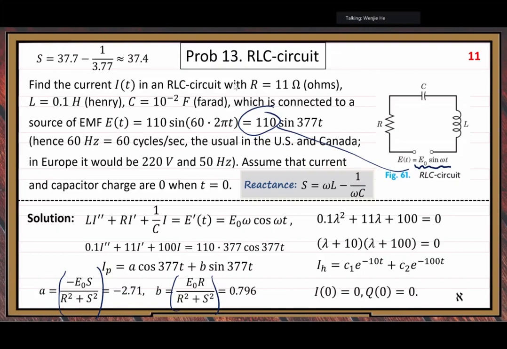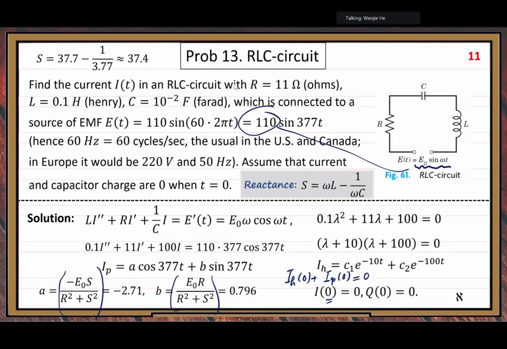Although pretty easy and straightforward, we just want to see how hard it is. Because we need to calculate IH of 0 at t equals 0 plus IP of 0, that's I of 0 equals 0.